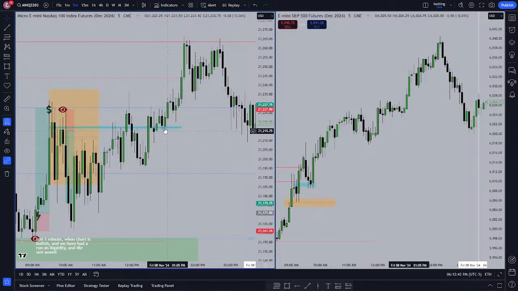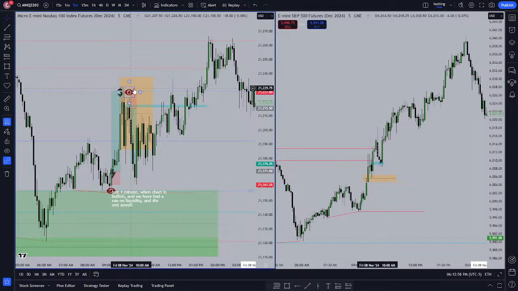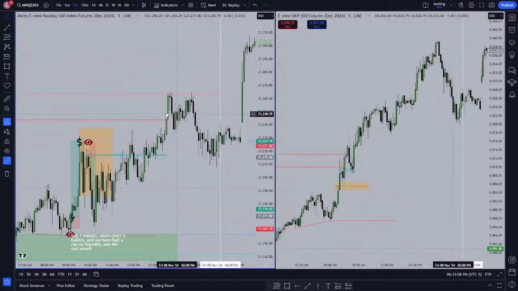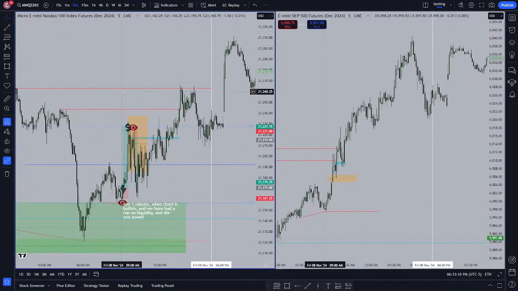SMT right here, small. If it went below these lows, I would have liked that, but I guess once it breaks this and uses the 75% as inversion, goes for that, but I would not be a participant in that.